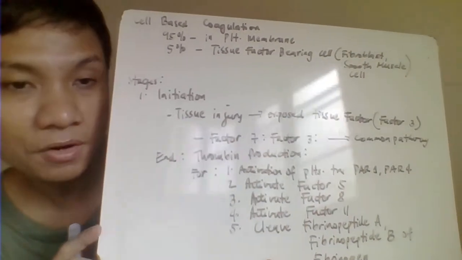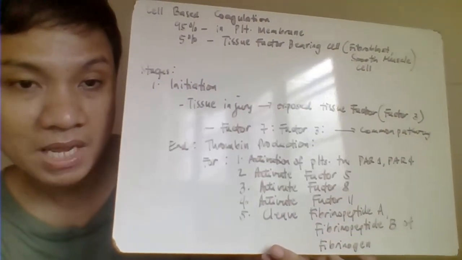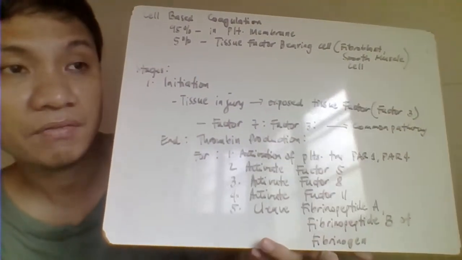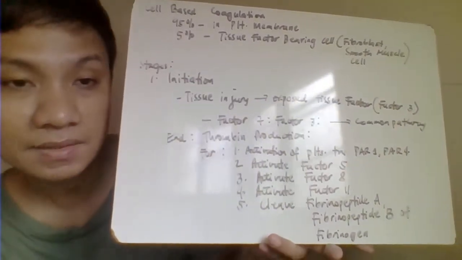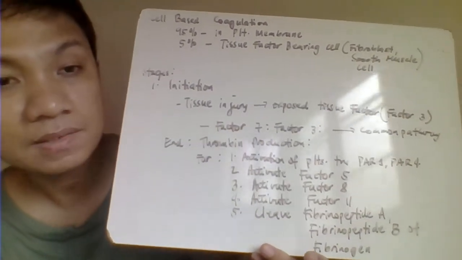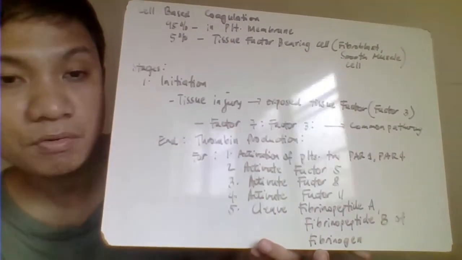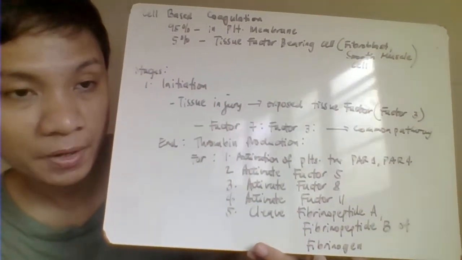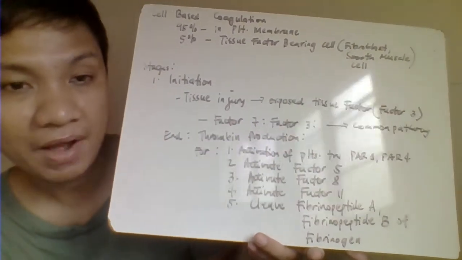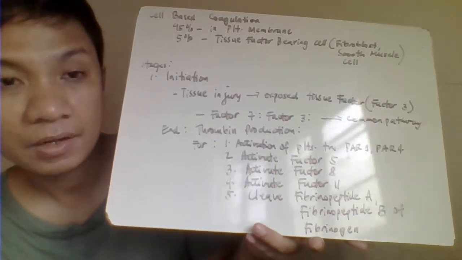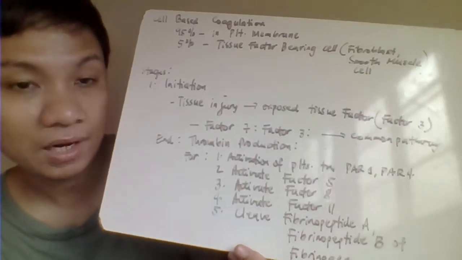So majority of your thrombin is being produced here by activation of your platelet membrane, whereas only 5% of your thrombin is being produced out of your activation of your tissue factor bearing cells. Your tissue factor bearing cells could be in the form of your fibroblasts or even your smooth muscle cells that contain the tissue factor. Even your WBC also contains your tissue factor. So, pag nagkaroon ka ng inflammation, nagiging activated ang ating tissue factor.